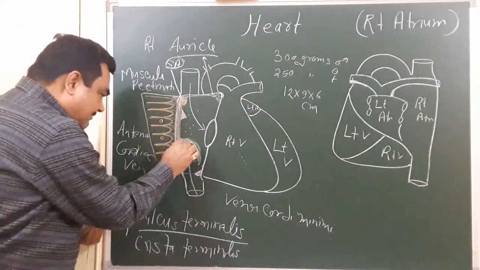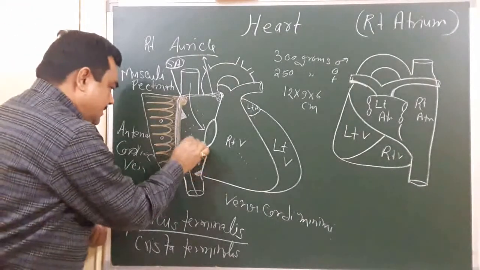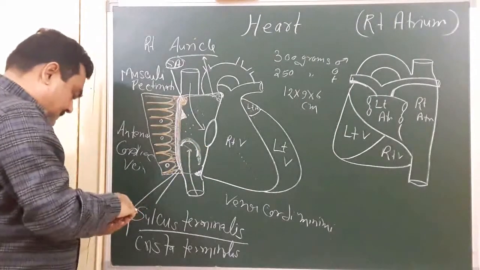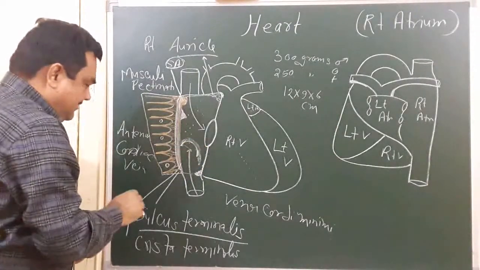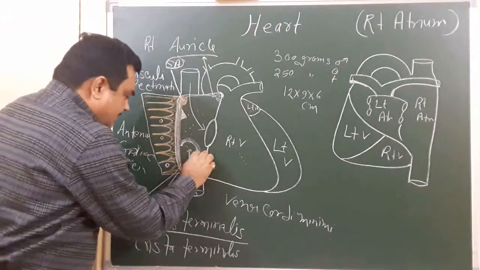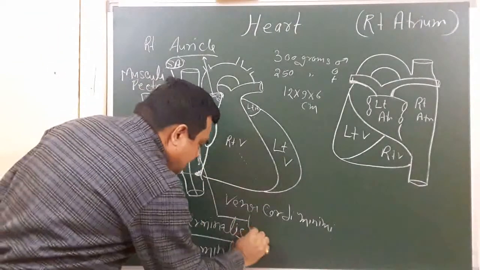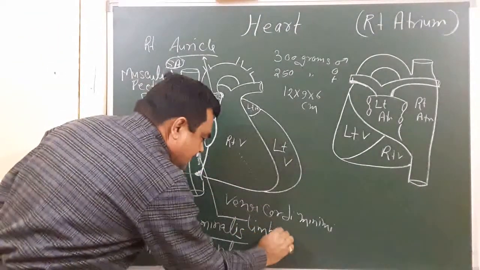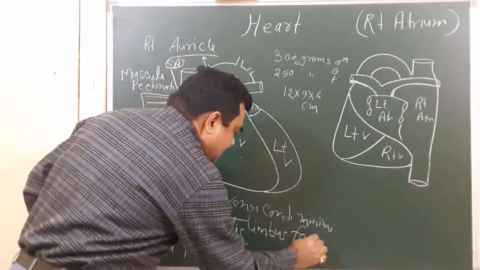The margin of the septal wall is formed by the limbus fossa ovalis.